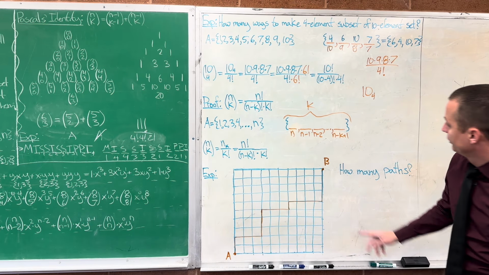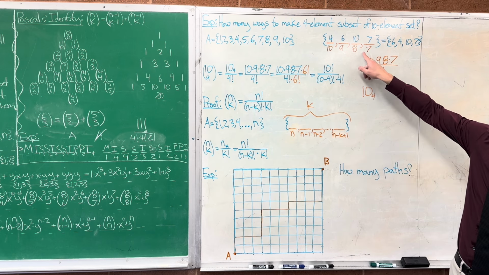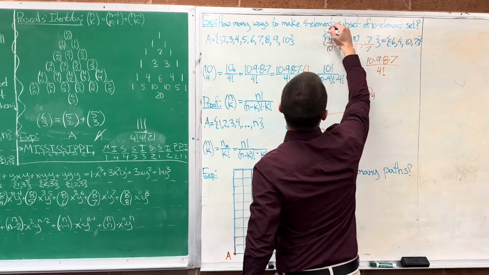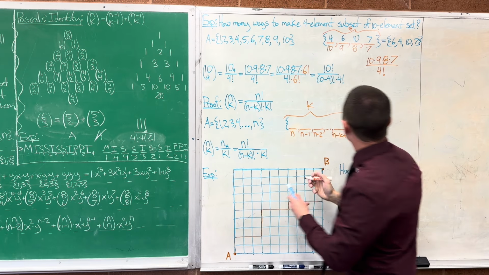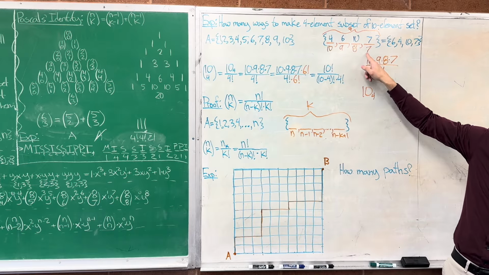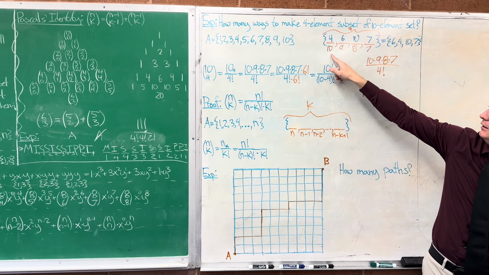How can I make this appeal to your intuition? Come back up here. Notice how many elements were in this list. 4. So in this case, our k was 4. So we're going to have n minus k plus 1 options for our last element. What's our n? 10.